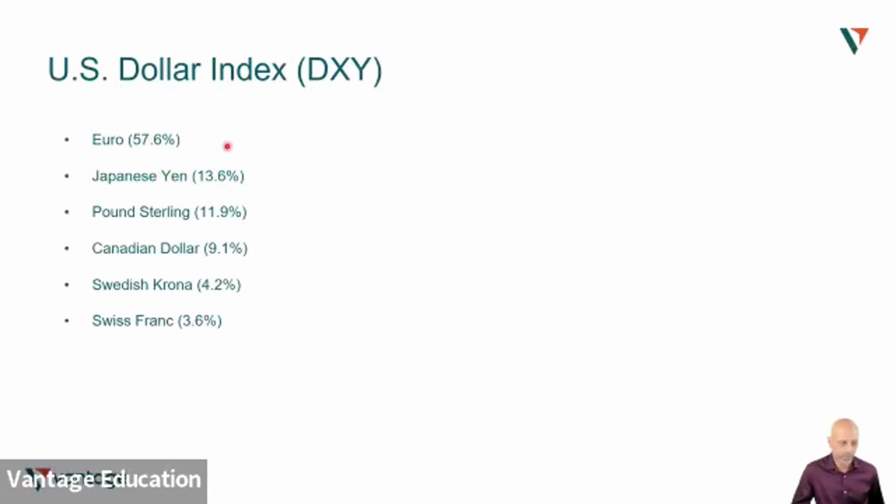Because since they make up 72% of the basket, you're going to see the largest impact with these two currencies. Of course, pound sterling, Canadian dollar, Swedish krona, and Swiss franc would also be depreciating versus the US dollar if we see the dollar index rising rapidly. However, I think the biggest changes are likely to be observed versus the euro and Japanese yen in general.